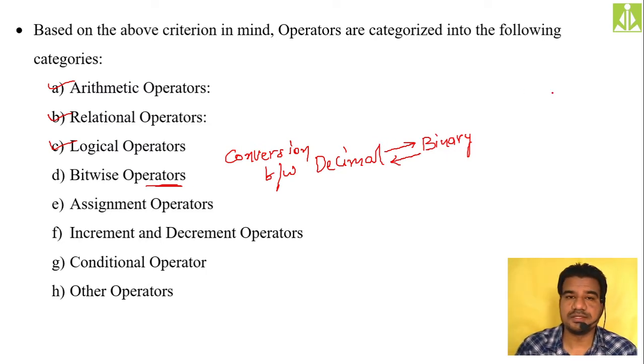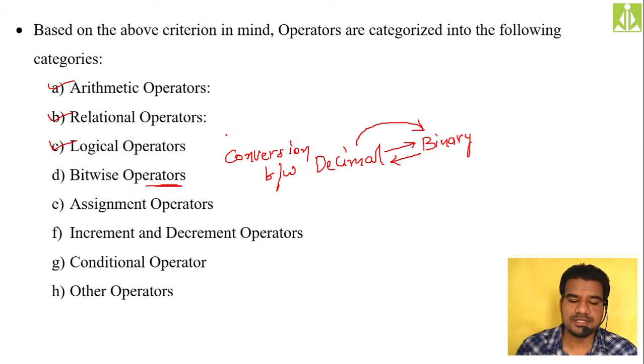So normal LCM procedure with remainders we are following in order to convert the decimal number to binary number. And binary number conversion back to decimal, that also we have seen with examples I have shown you, isn't it?